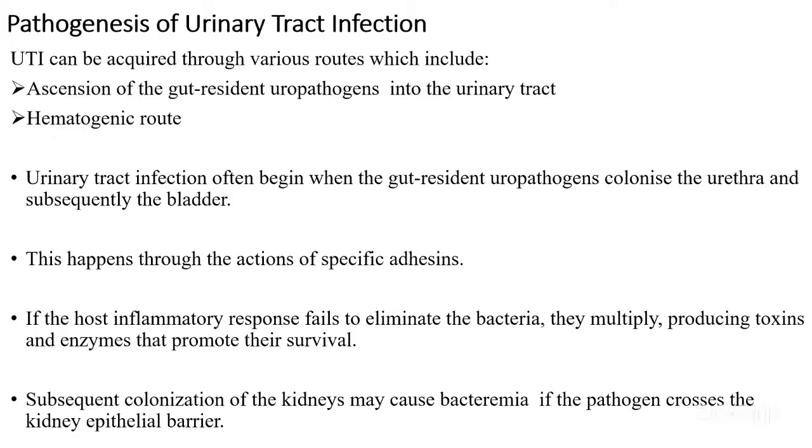Now, the pathogenesis of urinary tract infection: how it's acquired and how it develops. It's usually acquired through various routes. Today I'll talk about two routes. The main one is the ascension of gut-resident uropathogens into the urinary tract, whereby the urethra is contaminated with the gut microbiome, mostly Enterobacteriaceae species, because they are the most common colonizers of the gut.